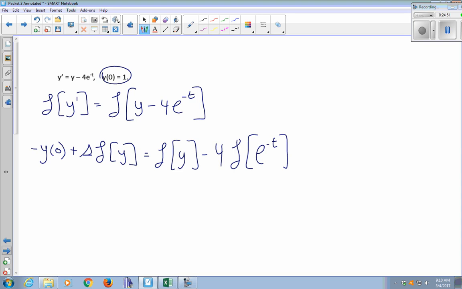All right, I'm going to gather all my terms that have a Laplace of y in them onto the left side. So this term and this term I'm going to put on the left and move everything else to the right.